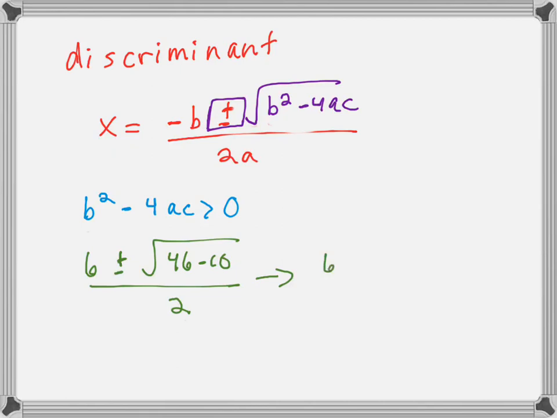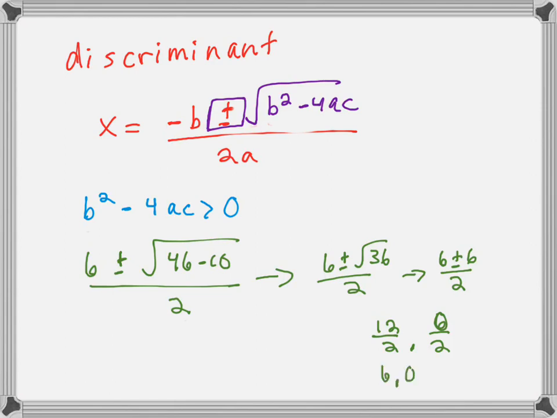Then we get 6 plus or minus root 36 over 2, which is just 6 plus or minus 6 over 2. So then our two solutions are 12 over 2 and 0 over 2. So we clearly have two distinct solutions here, 6 and 0. Both real solutions, both real roots, and this is because the discriminant is greater than 0.